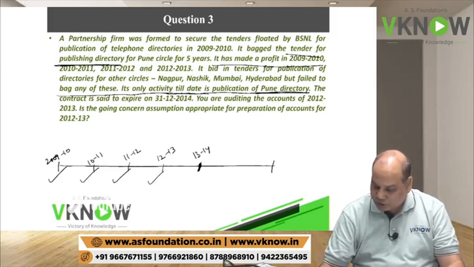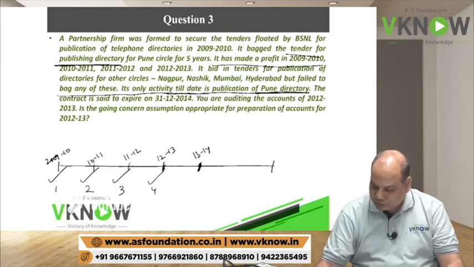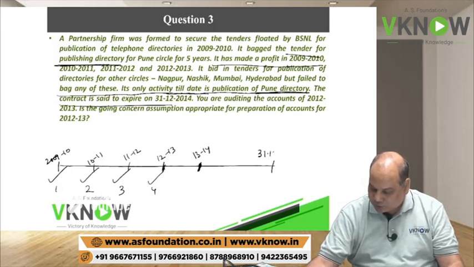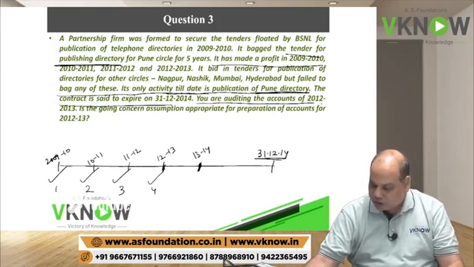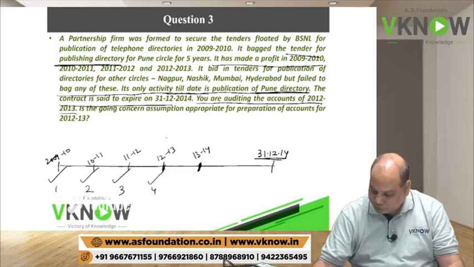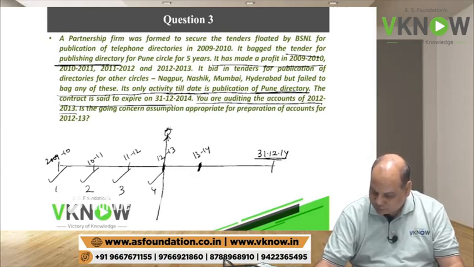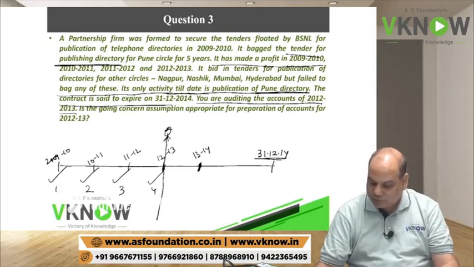So now see, 4 years are over. 1, 2, 3, 4. The contract will expire on 31/12/14. You are auditing the accounts of 12-13. So we are standing here. Okay, this is the auditor. He is standing here.